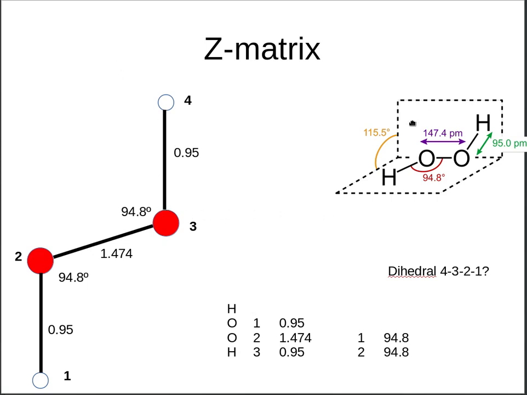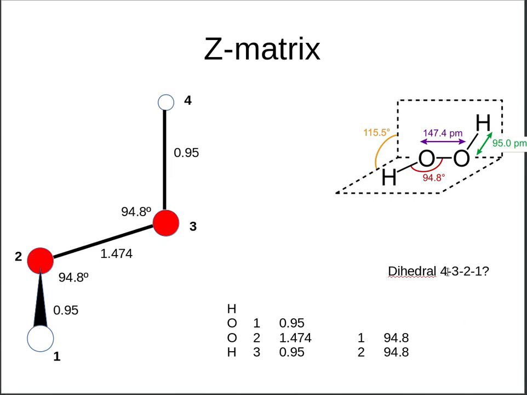But be careful, we haven't taken into account this dihedral angle. So we're going to have to just think about this, and I'm going to draw this slightly differently. We've got to get that dihedral angle as being 115.8, and that dihedral that we want to define is the dihedral 4, 3, 2, 1.